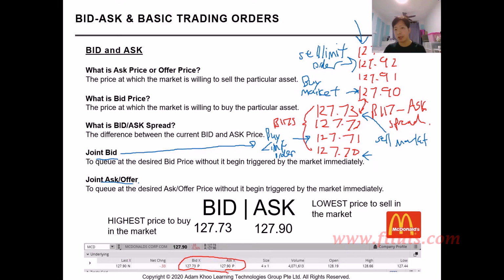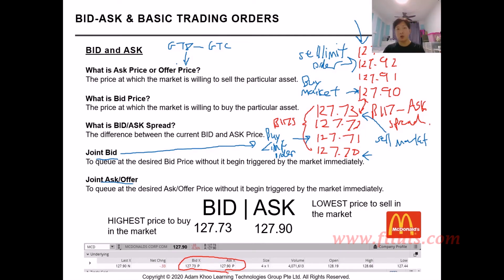And of course, like I mentioned, there are orders called GTC and GTD, right? GTD means good for the day. If you put the order with a time configuration as GTD, and the market closes for today, your order will expire, right?